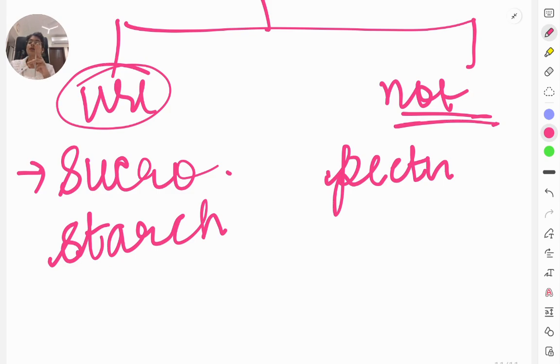This we already knew. That's why we give glucose when someone faints.